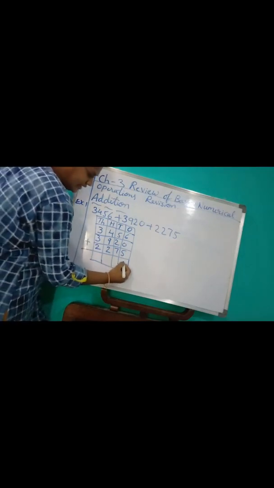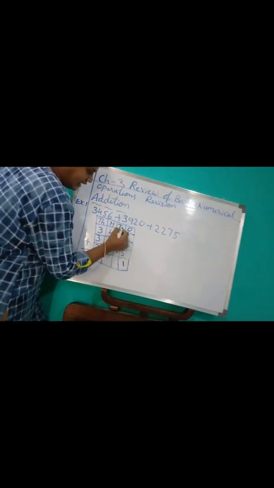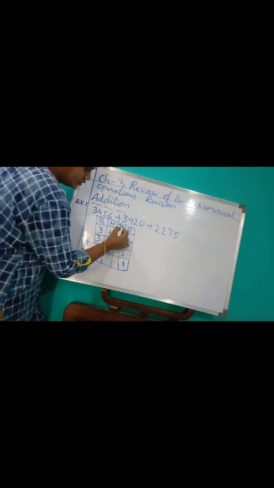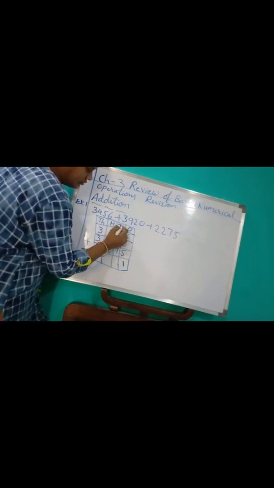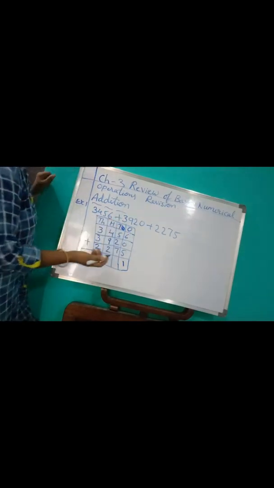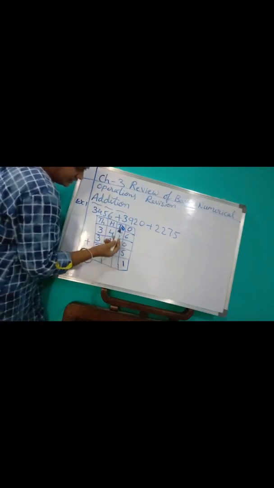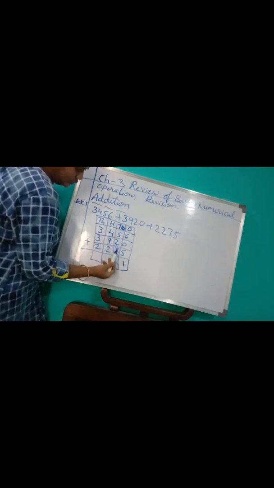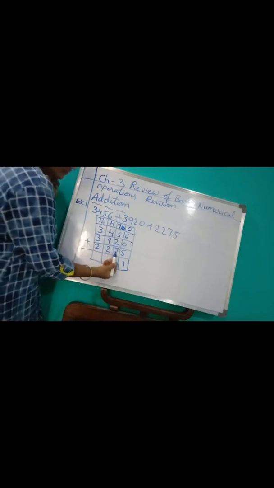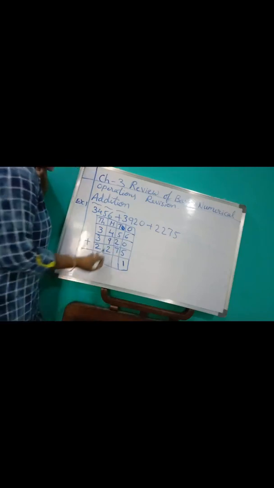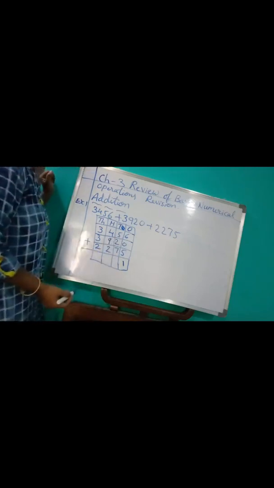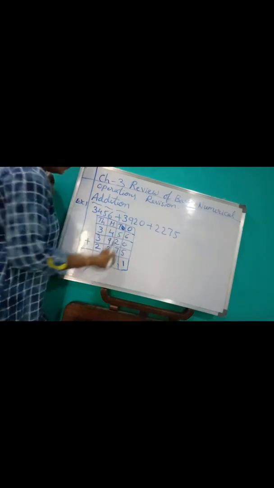No. You should write 1 here, and 1 carry forward to the next place. Next place means what? Tens place. Next again you should add these numbers. See 1, 5, 2, 7. 7 plus 2, 9. 9 plus 5, 14. 14 plus 1, 15.